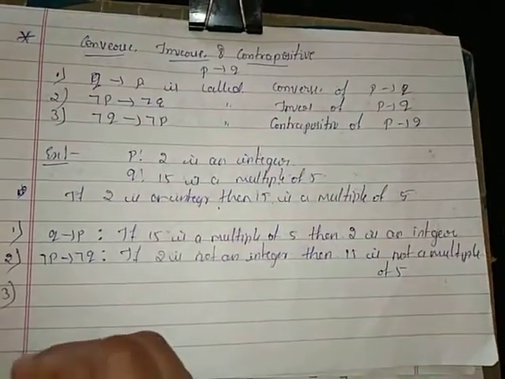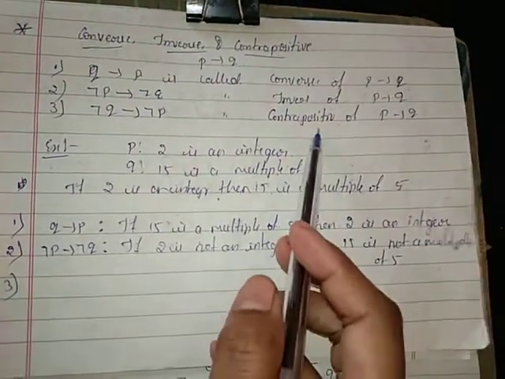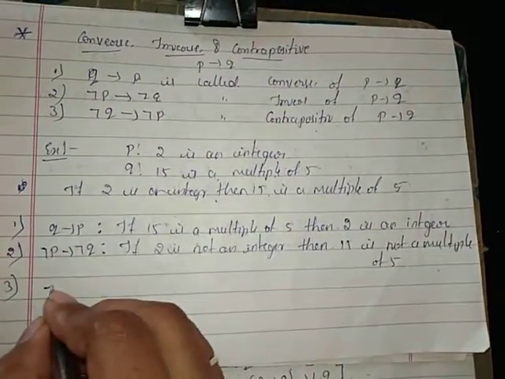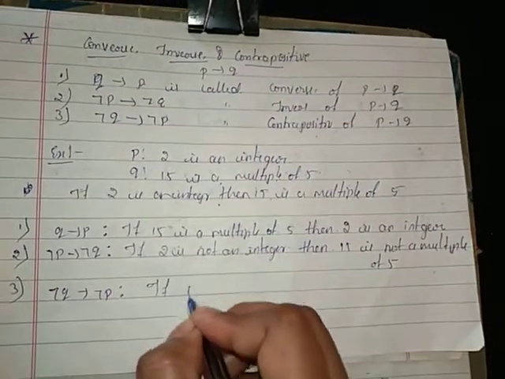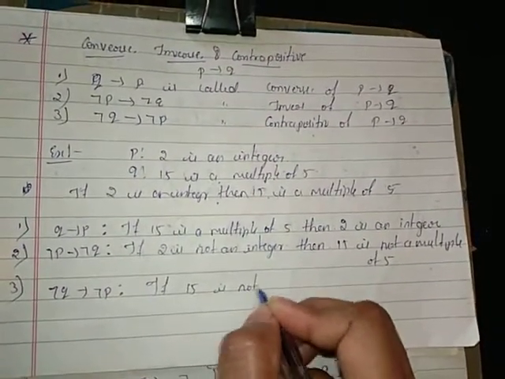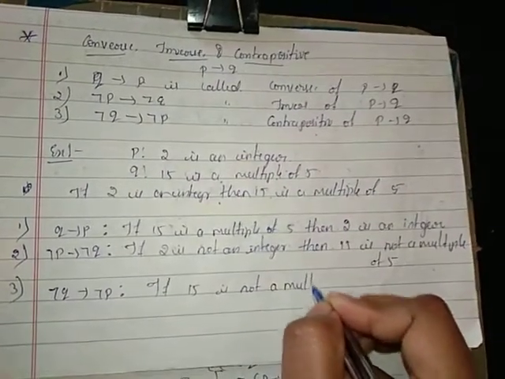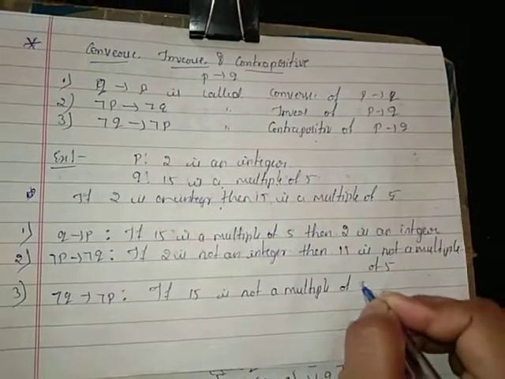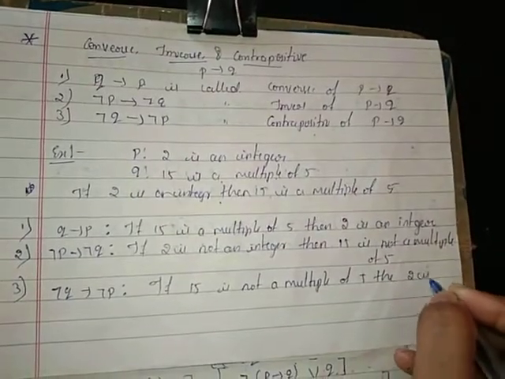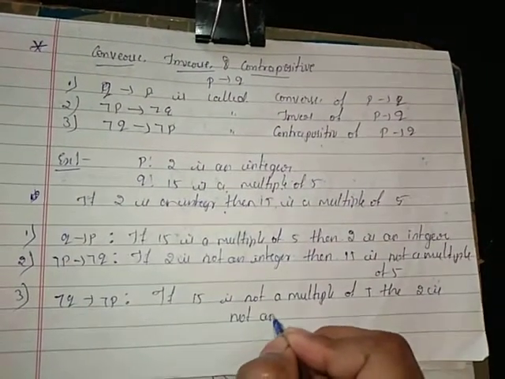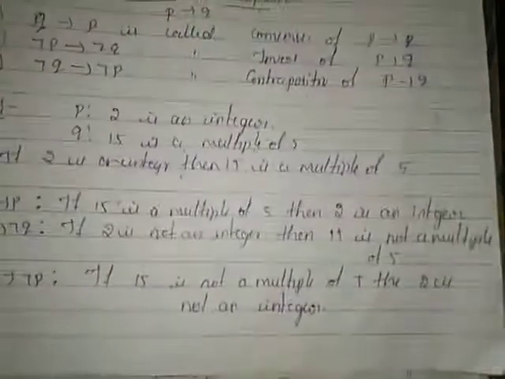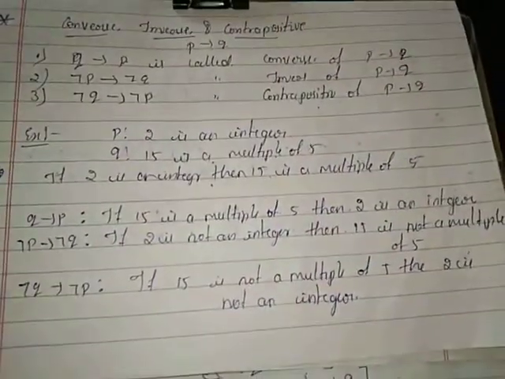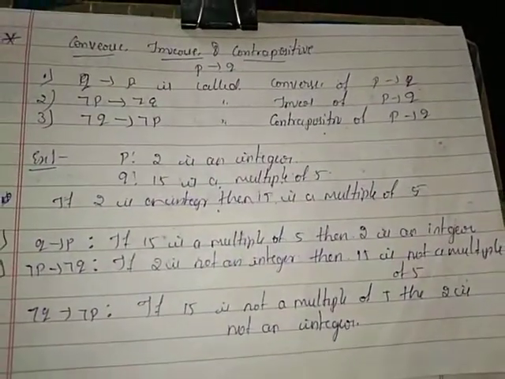Third one, the contrapositive of the given statement is negation of Q implies negation of P. That is, if 15 is not a multiple of 5, then 2 is not an integer. That is how to write down the converse, inverse and contrapositive of the given conditional.